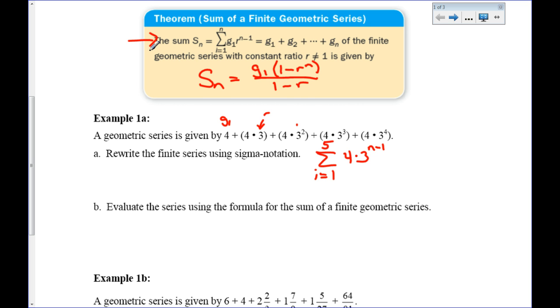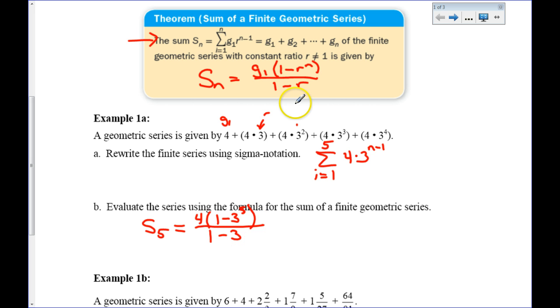That's part A. Part B, I'm going to write it with the other formula. So we have S sub 5, because there's 5 of them, equals g sub 1, which once again is 4, times 1 minus 3 to the 5th, because n is 5, all over 1 minus 3.